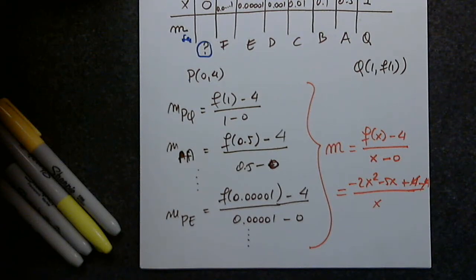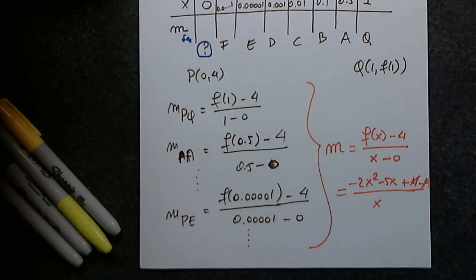And now, what was the first x value from the first slope that we looked at? We looked at 2 points, one at 0, 4, and one at 1, comma, f of 1. Then we looked at another point, 0, 4, and 0.5, and f of 0.5. Then another point, 0, 4, and 0.1, and f of 0.1.